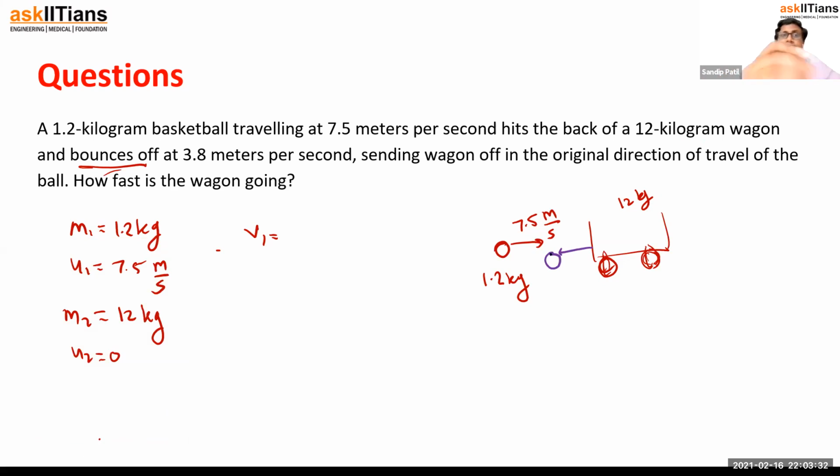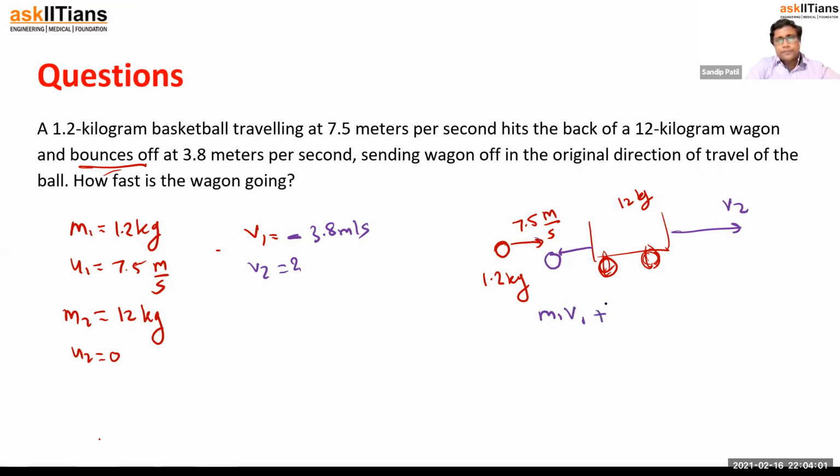When it is on the left side, you have to take it as minus 3.8 meters per second. The wagon is sent off in the original direction of travel of the ball. The ball's original direction was positive, so the wagon will go to this side. Calculate V2. Now it's very easy. We already know the formula and we drew the diagram. The negative sign is important here. Once you do all these things, it becomes very easy.